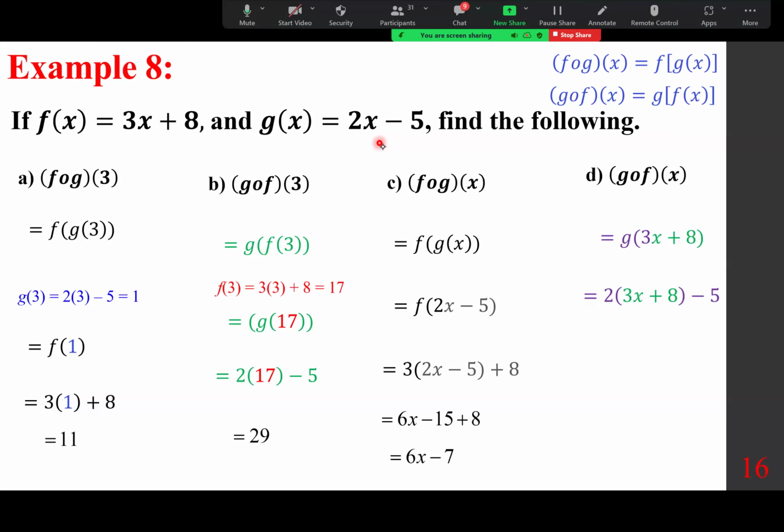We are going to distribute and we get 6x plus 24 minus 5, which adds up to 6x plus 19. Now, if I put number 3 here, 6 times 3, 18 plus 19 is 37. In other words, you can go through this process or find g of f of x and plug in. Either way will do the job.